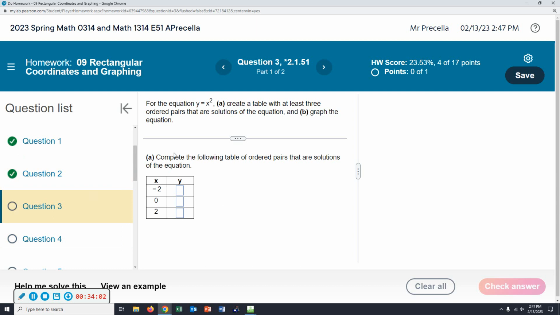The first thing we'll do is fill in this table, and then we'll see how to use the graphing tool. So let me write the table: -2, 0, 2.